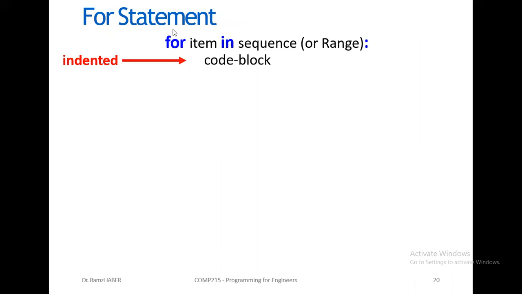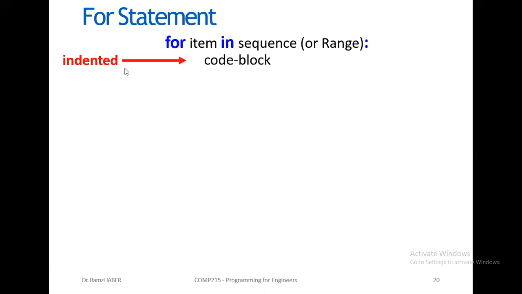The syntax of the for loop in Python: you must write for n, so for any variable you want, in any sequence or range you want, or strings, or list, or array, or inside the memory. Whatever the sequence or range is, if this item or this variable is inside this sequence, so it's true, then implement this code. Else, go out to the next step.